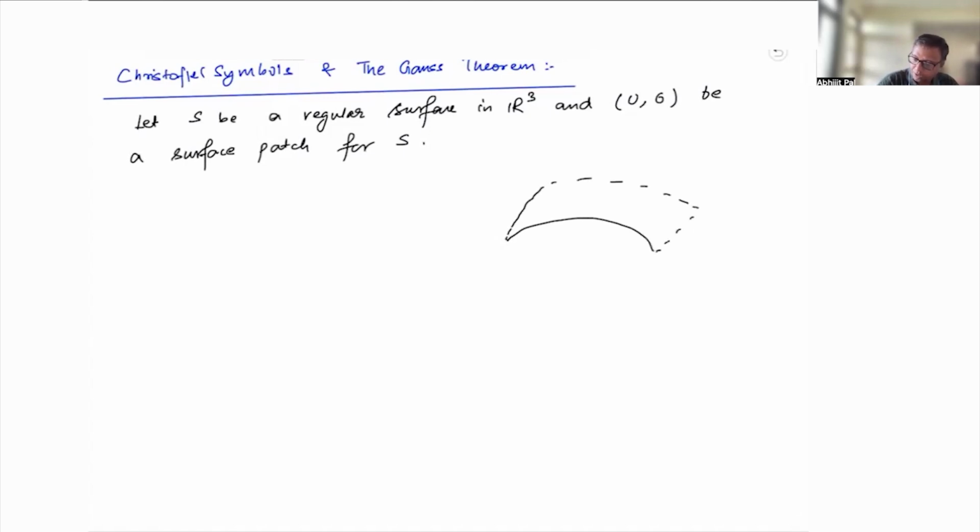Suppose this is my surface patch, sigma U is contained in S.